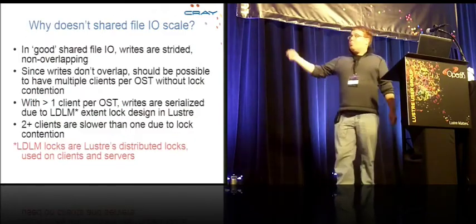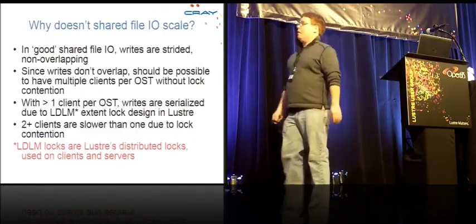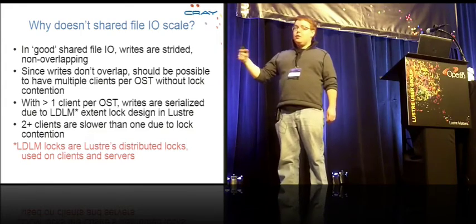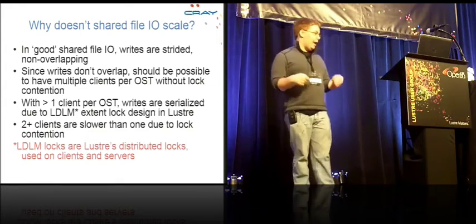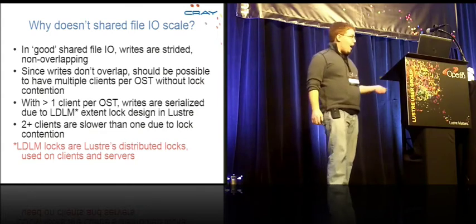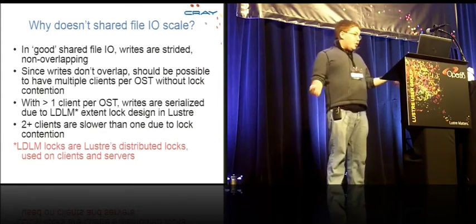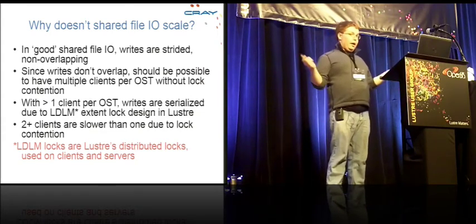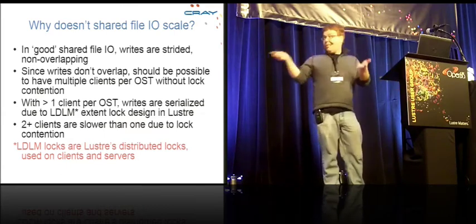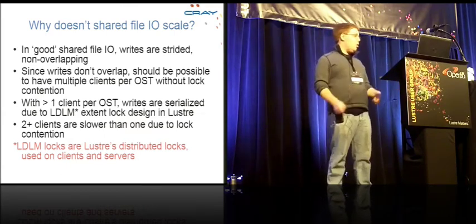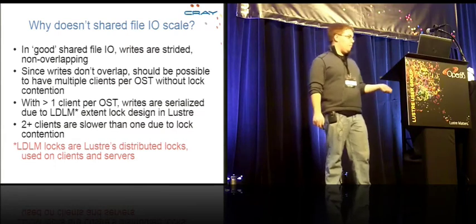So, why doesn't shared file I/O scale in Lustre? Like we talked about, in the shared file I/O being done by the MPI IO library, the writes are strided, they don't overlap. So since they don't overlap, you should be able to have the clients writing in parallel. Clearly that's not the case. So why can't the two clients write in parallel?